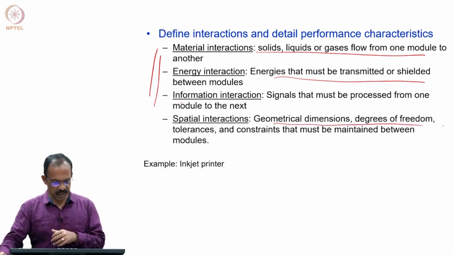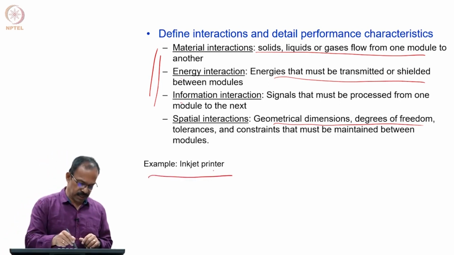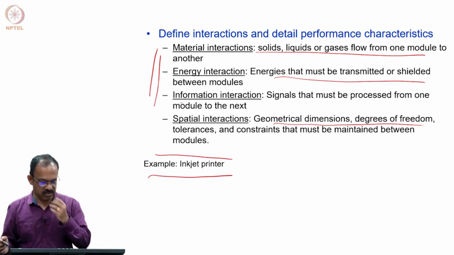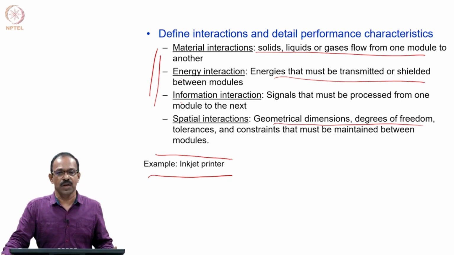Okay, so let us take the example of this inkjet printer. We already saw this inkjet printer earlier, and we discussed the functional decomposition. We also saw the function structure, so let us see how we can use this function structure to identify the modules within the product.